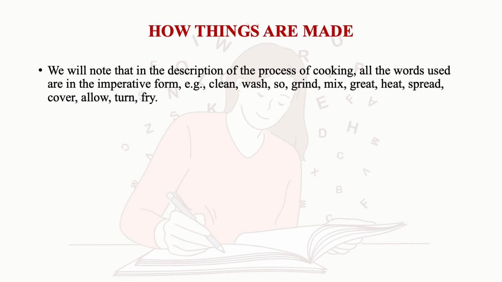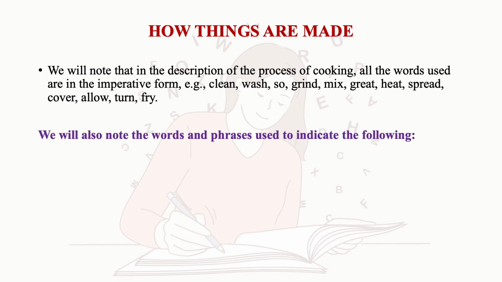We will note that in the description of the process of cooking, all the words used are in the imperative form. Example: clean, wash, soak, grind, mix, grate, heat, spread, cover, allow, turn, fry.